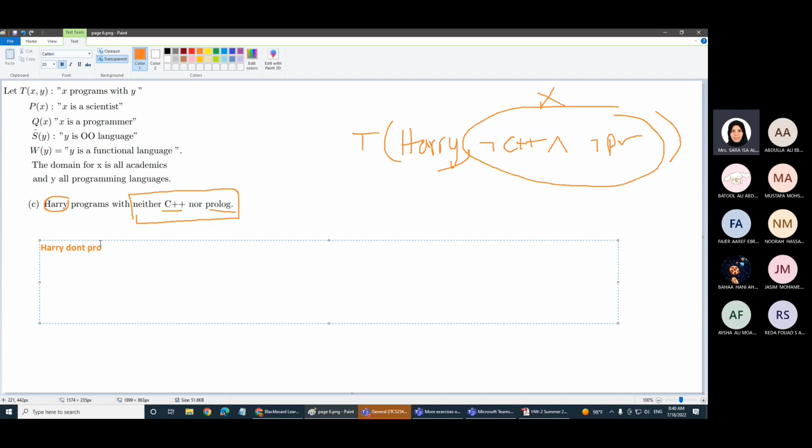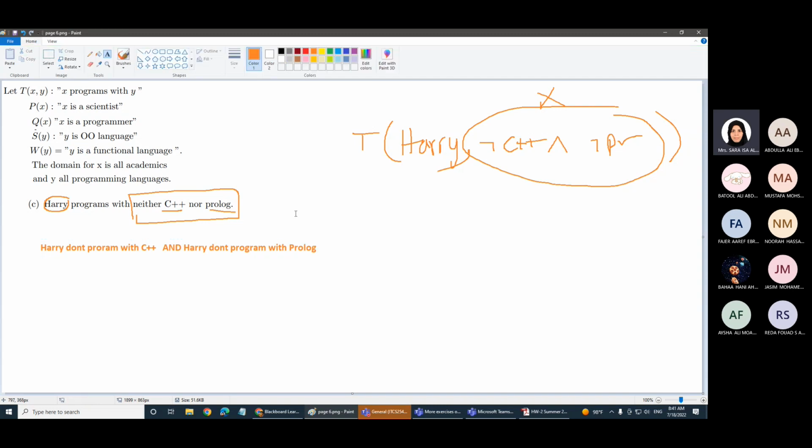The same English statement: Harry does not program with C++ and, because neither nor means don't and don't, right? And Harry doesn't program with Prolog. This English is equivalent to the above English. So do not do that, putting the and in the second parameter. Actually, you should separate it into two connectors.